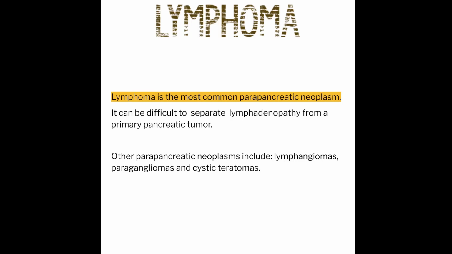There are other parapancreatic neoplasms that may occur, including lymphangiomas, paragangliomas, and cystic teratomas. Again, though, lymphomas or enlarged lymph nodes are going to be the most common neoplasm that arises from that retroperitoneal parapancreatic space. And that is the end of our pancreatic pathology.